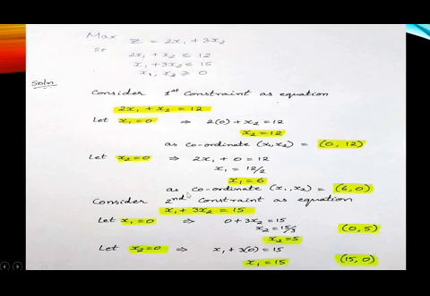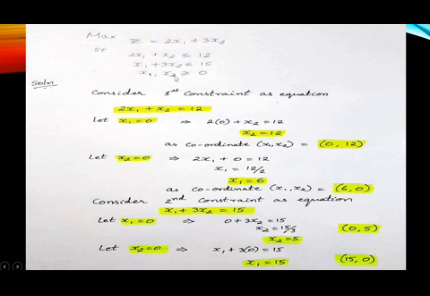So if at all I write it in form of a coordinate, x1 comma x2, it will be 6 comma 0. So for the first constraint, I have got the 2 points to be 0 comma 12 and 6 comma 0.